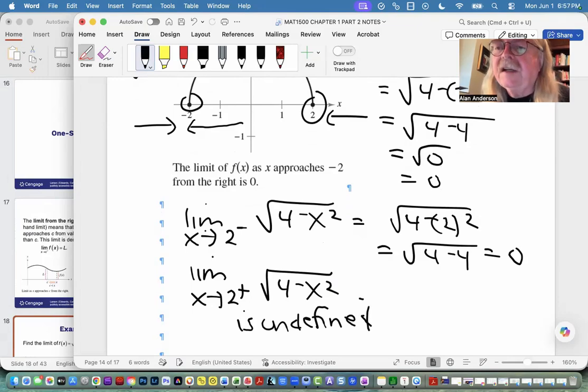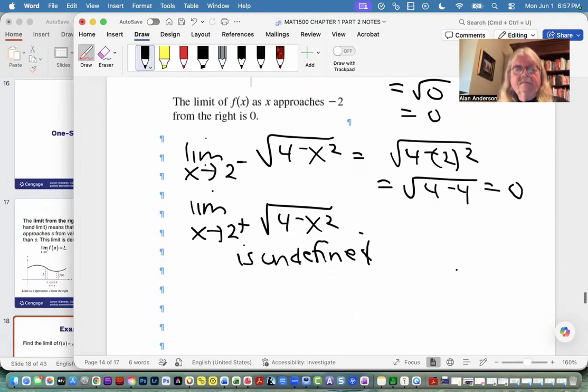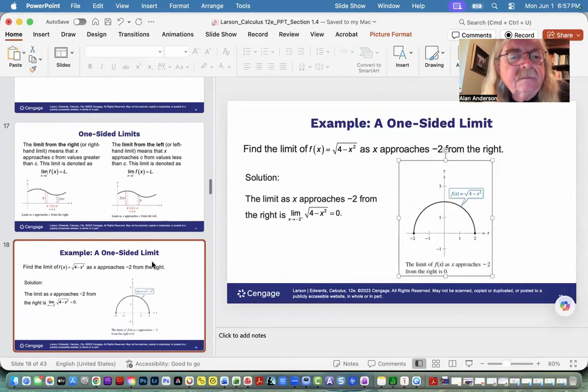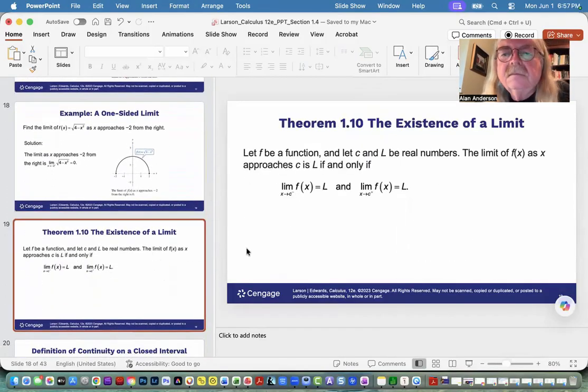So that one is undefined as well. Okay. Now, of course, the overall limit for the function only can exist if these two equal each other.